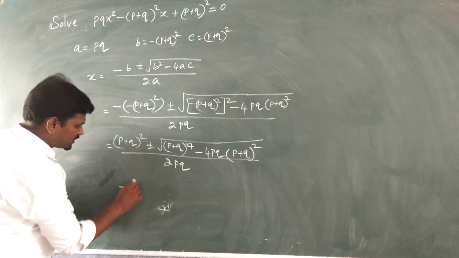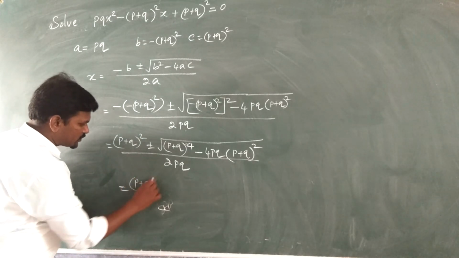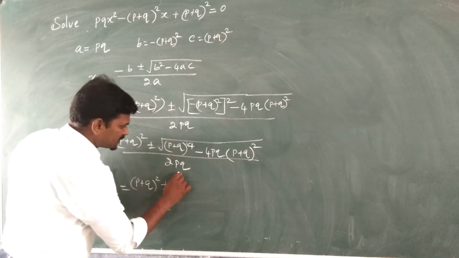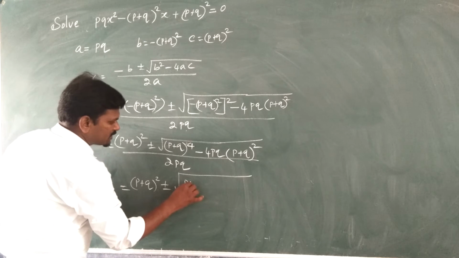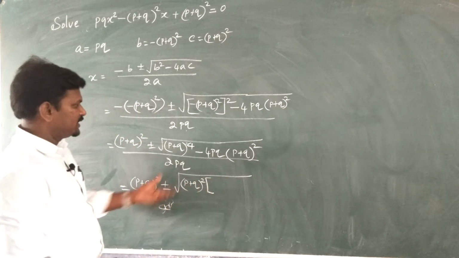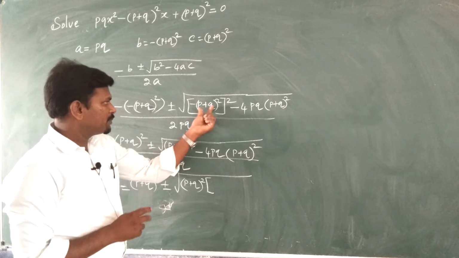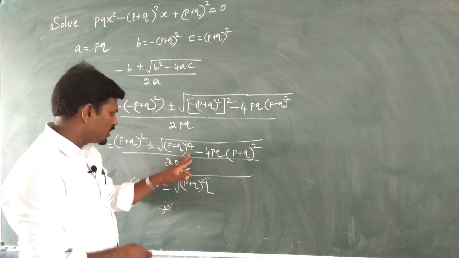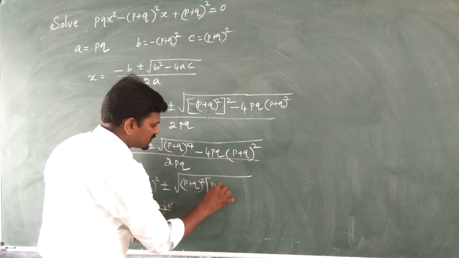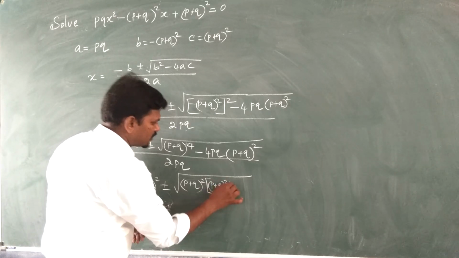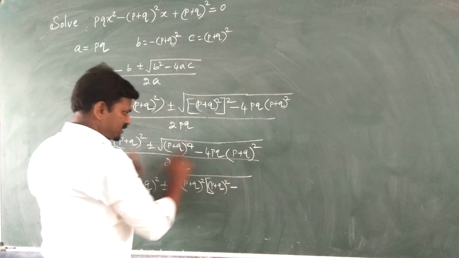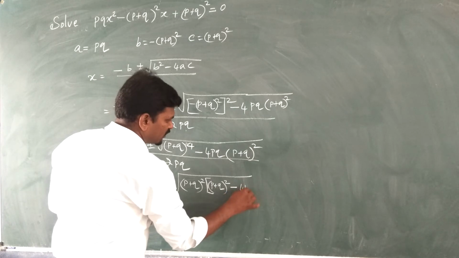So next term, (p plus q) whole square plus or minus, now look at (p plus q) whole square into, here there are two (p plus q) whole squares. So one we take as common, the remaining one is (p plus q) whole square minus, already we have taken this, the remaining 4pq.